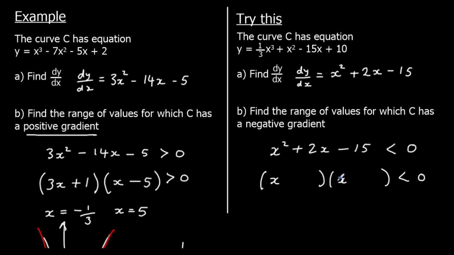So x in both brackets. What multiplies to give us a negative 15 and adds to give a positive 2? It's 5 and 3, plus 5, minus 3. So it crosses the x-axis. Our roots are at negative 5 and positive 3.